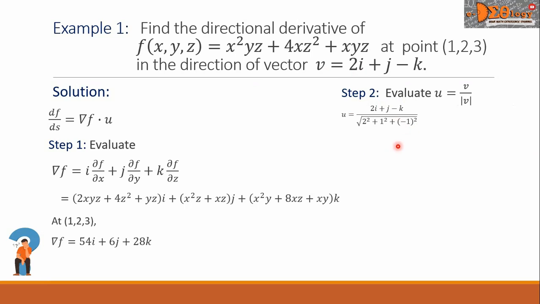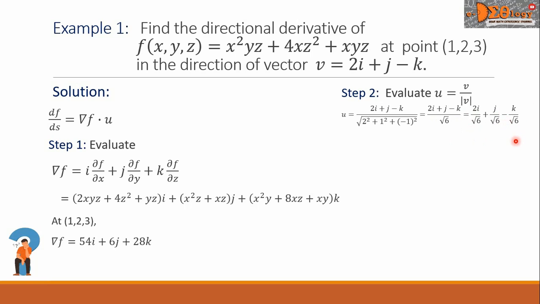We can simplify the denominator into square root of 6. Then let us distribute the square root of 6, or the denominator, to each of the terms of the numerator. So we have 2i over square root of 6 plus j over square root of 6 minus k over square root of 6.